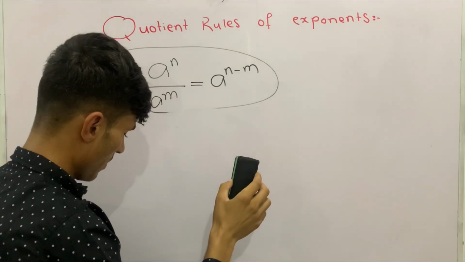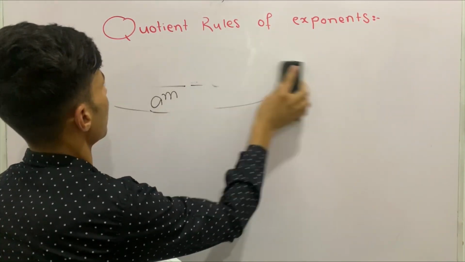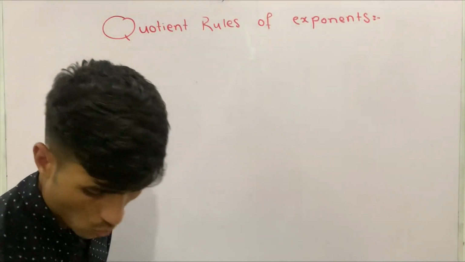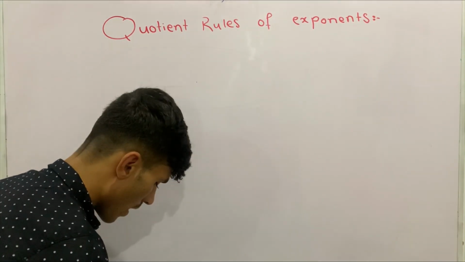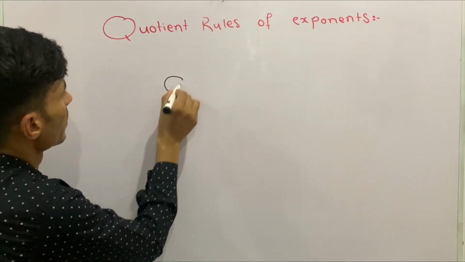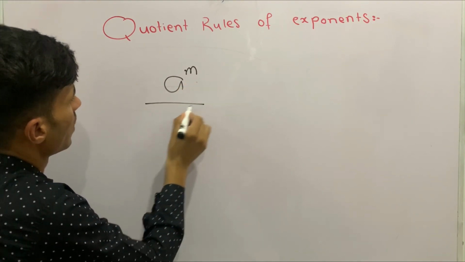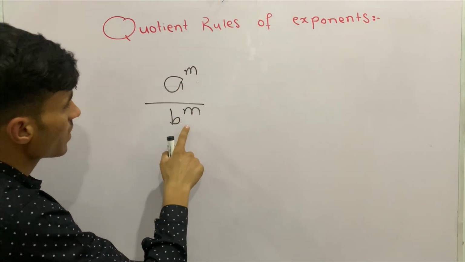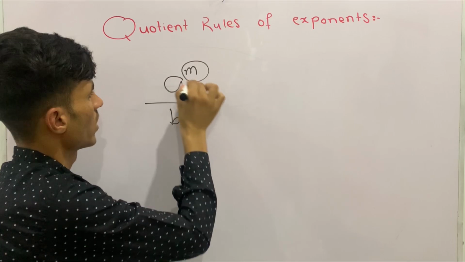Now, let me just move into the next quotient rule for exponents. That becomes, if we're having something like a to the m divided by b to the m, what do you think? In this case, the exponents are the same, okay?